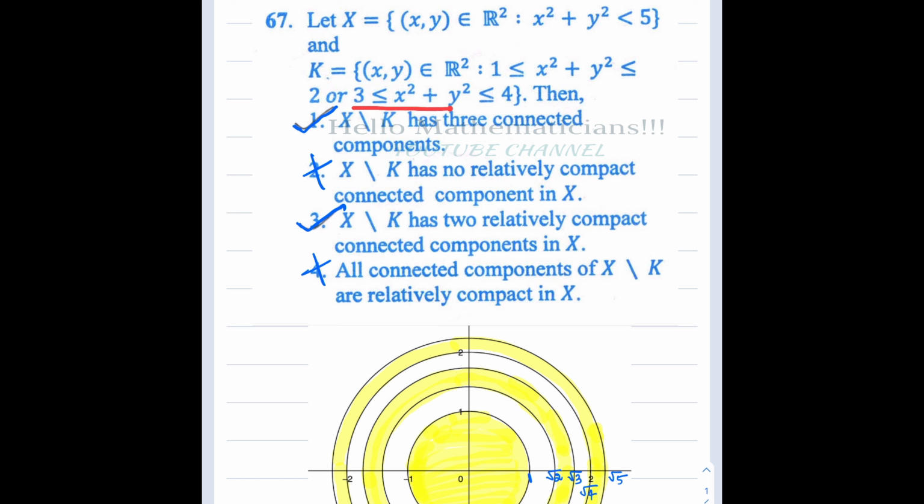Similarly, if you look at 3 less than or equal to x square plus y square less than or equal to 4, you get this white color region.